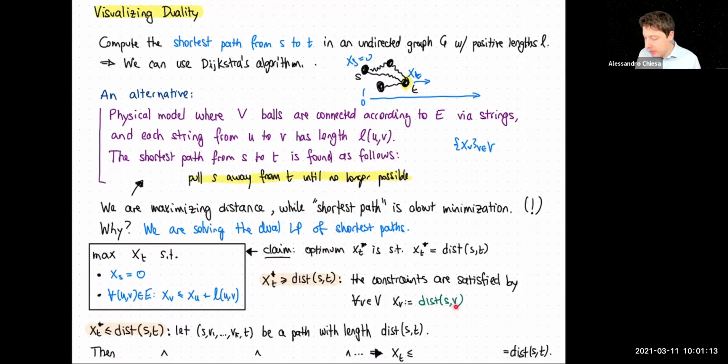Well, the distance from S to S is 0, so this is fine. Let's kind of view it like this.